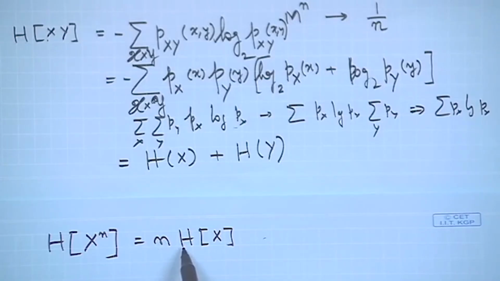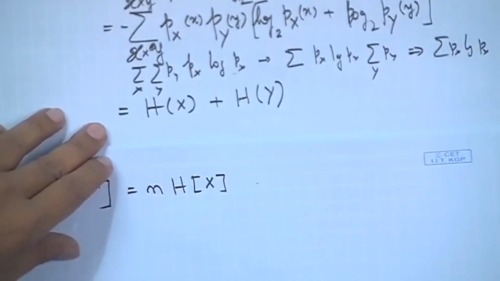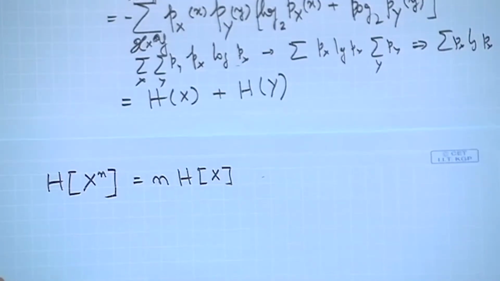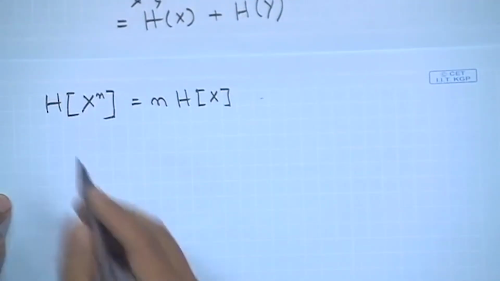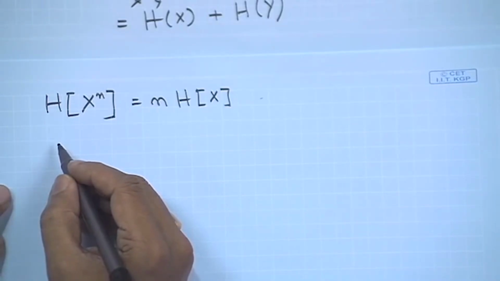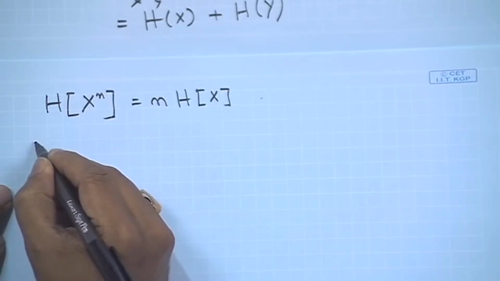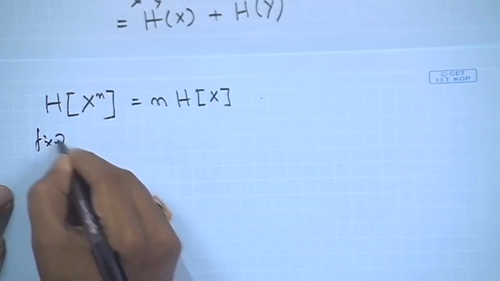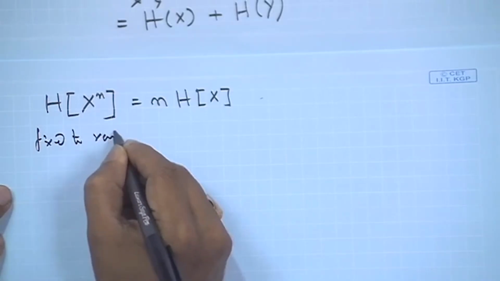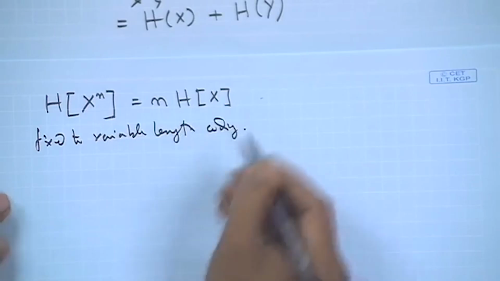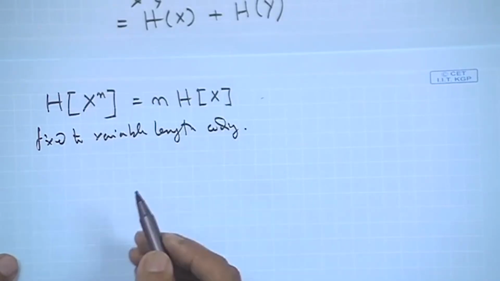Instead, you can write n times H of X. So, since you have now got this, we will now try to define what we intend to do, which is also known as fixed to variable length coding. You can take it under this particular heading as well.